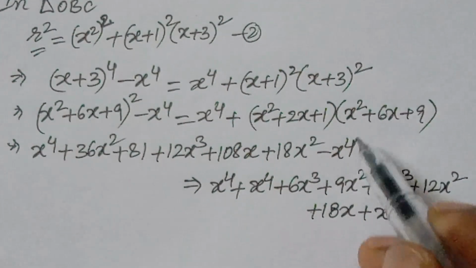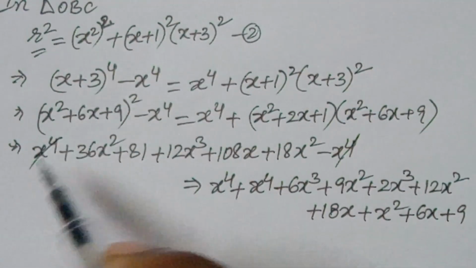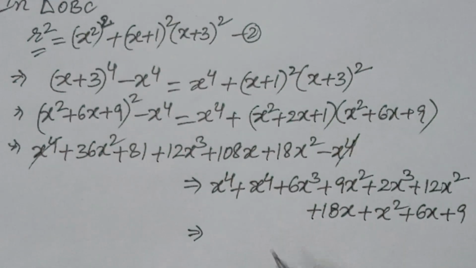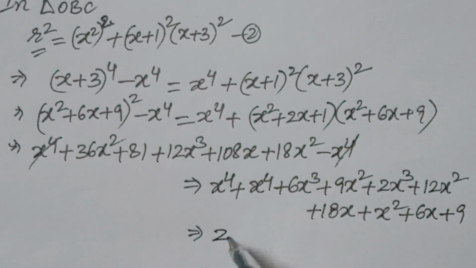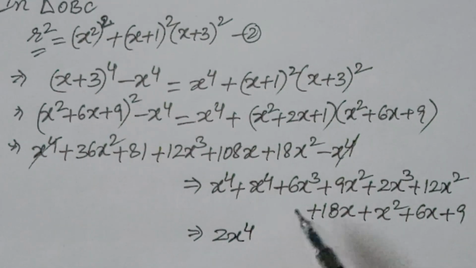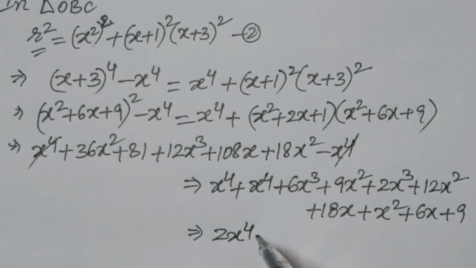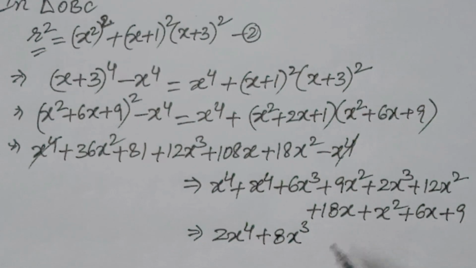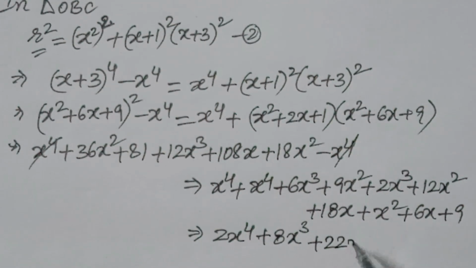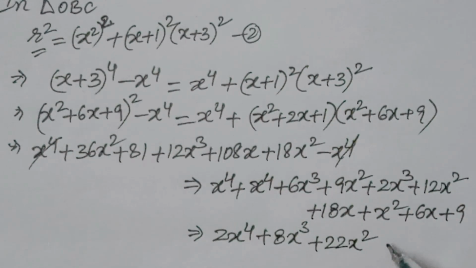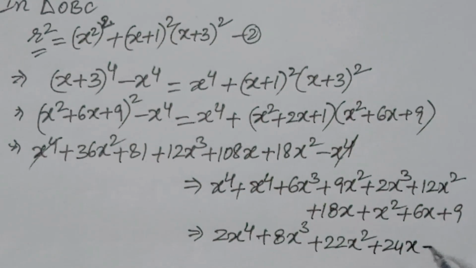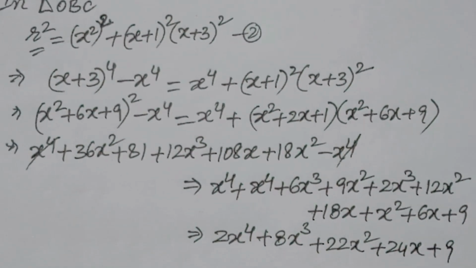So here x power 4 gets cancelled. If we add these terms, we get 2x to the power of 4 plus 8x cube plus 22x square plus 24x plus 9.